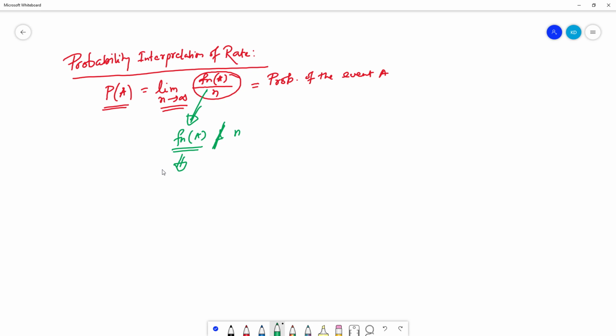The experiment is repeated under the same conditions. Same conditions in reality is not possible, that means the majority of the conditions remain the same.